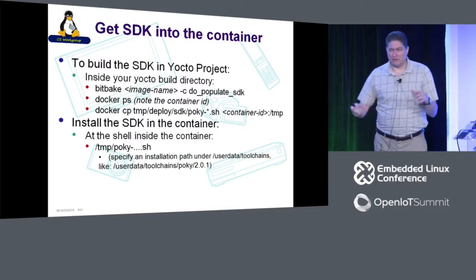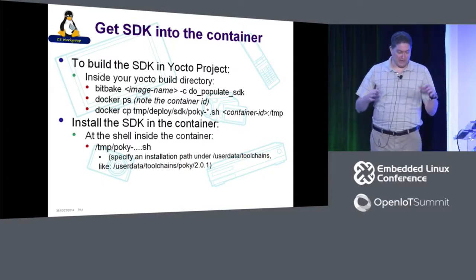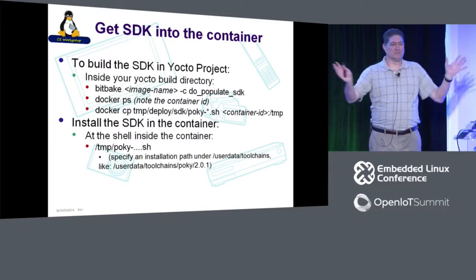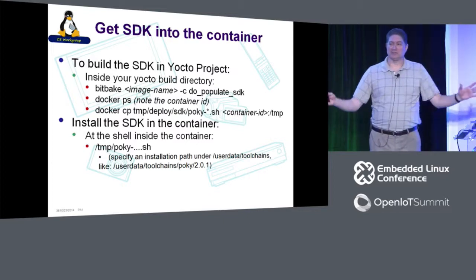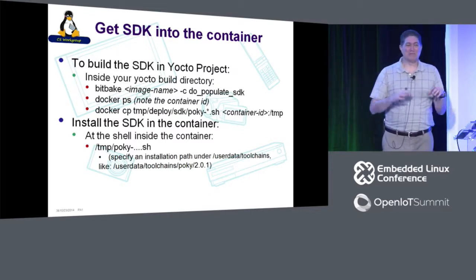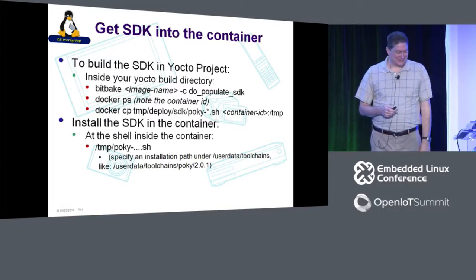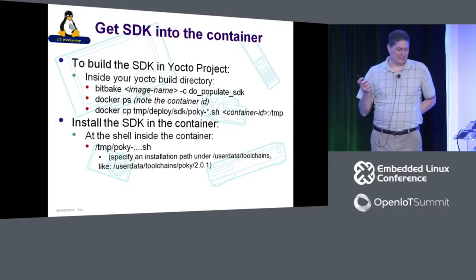And so the steps go like this. If you happen to be using Yocto, you'd bitbake using whatever image name you're using, with -c populate_sdk. That will go off for 2 hours, make yourself a sandwich. Well, if you've built it before, it doesn't take that long, but the first build on Yocto is pretty long. Then you just use docker ps to get the container ID. Use that container ID to copy that thing.